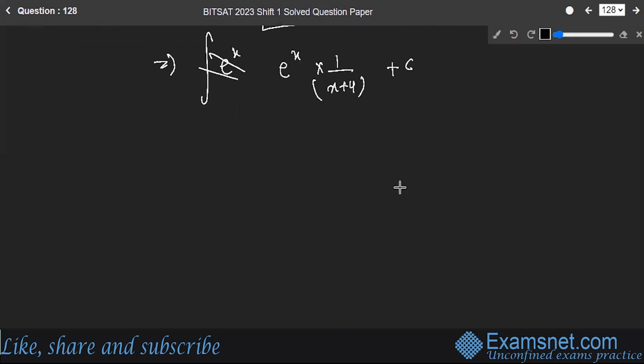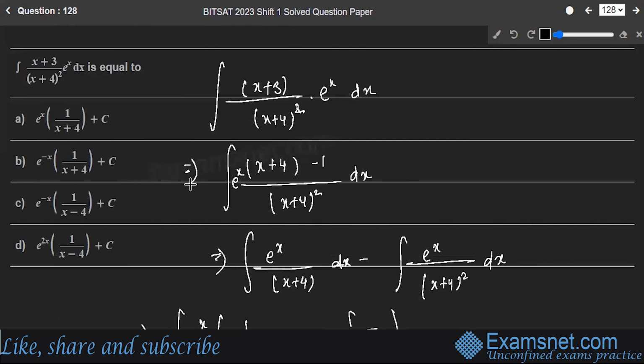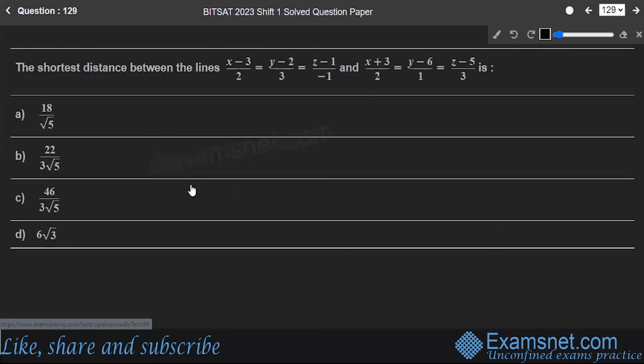Why is that? Because the integral of e^x (f(x) + f'(x)) dx is nothing but e^x f(x) + c only. So I have used this concept over here. That's it, I got my answer. I have option A as the correct answer. Hope you understood this. Next is question number 129.